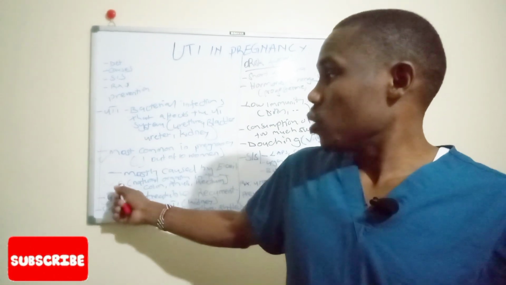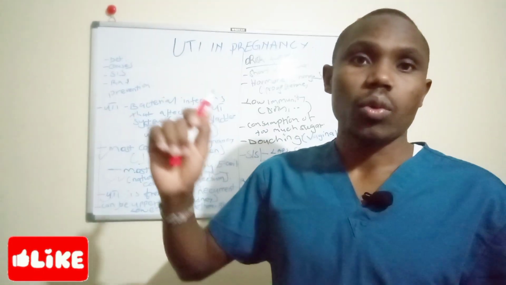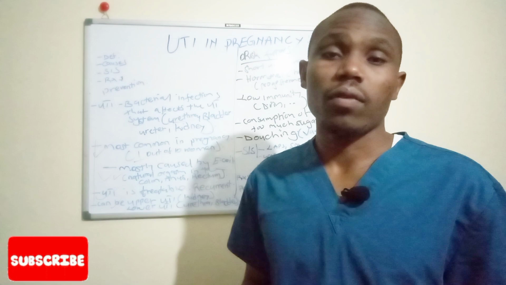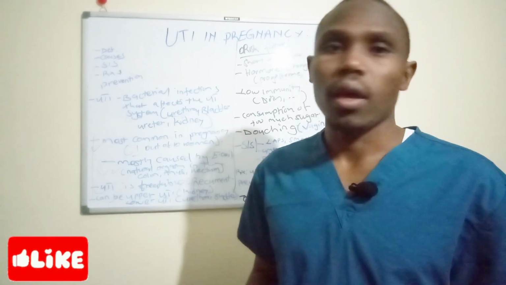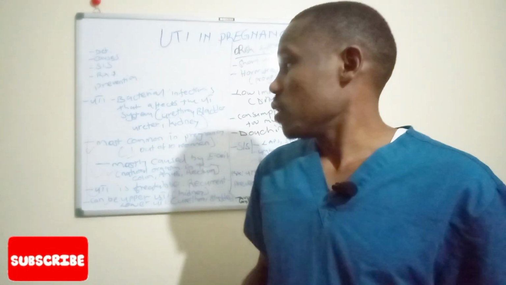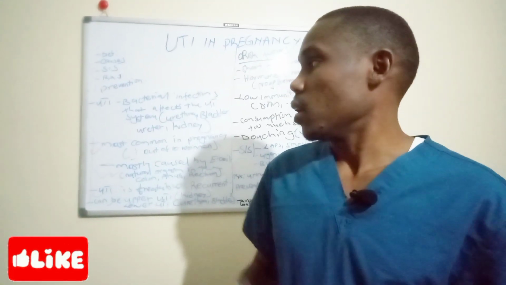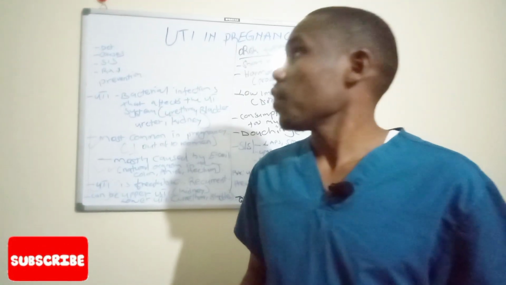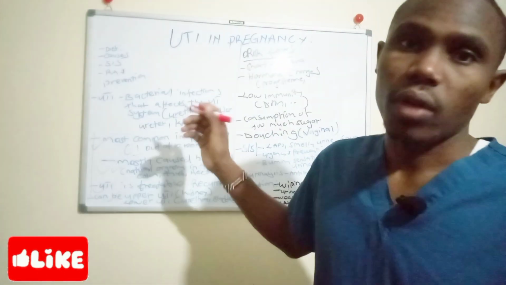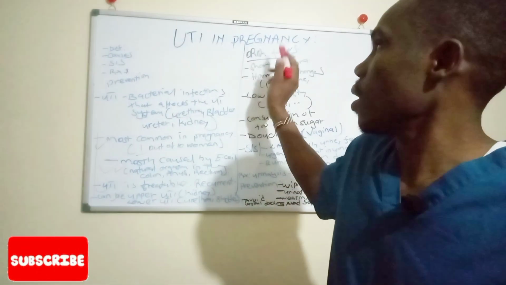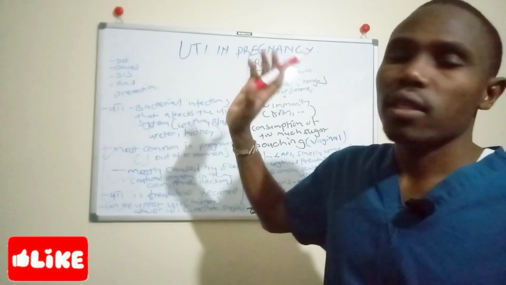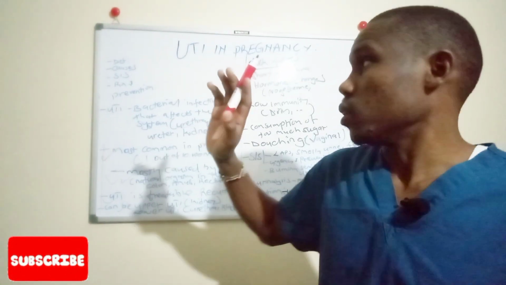This may lead to urinary tract infection because of this E. coli migration to the vagina and even to the urinary tract, that is the urethra and all the way to the bladder. The other thing is short urethra. Women have a short urethra, therefore the distance for this bacteria is very short also.